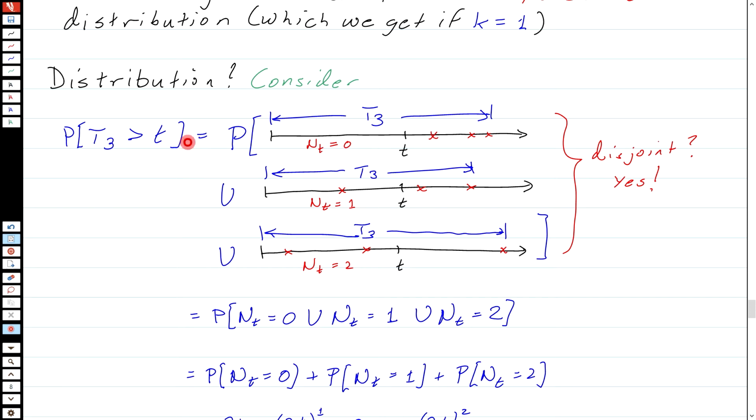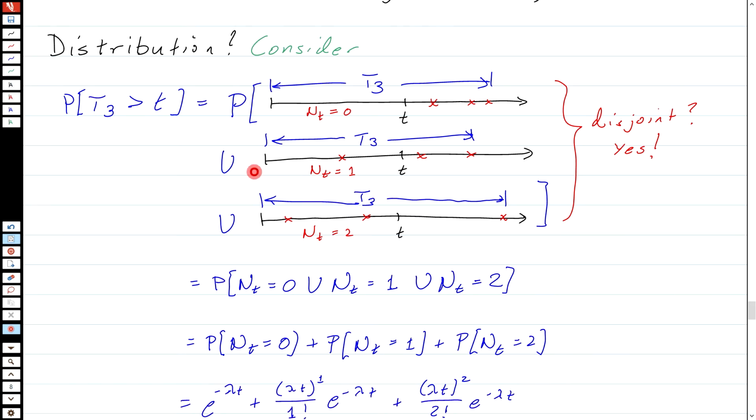So the probability of this happening is the probability that we get this outcome, or this outcome, or this outcome, and that's a union. Then the question is, are these 3 things disjoint? If none occurred in time t, then we could not have had 1 occur in time t, and we couldn't have had 2 occur in time t. So yes, these things are disjoint, and that means I can replace these unions with plus signs.